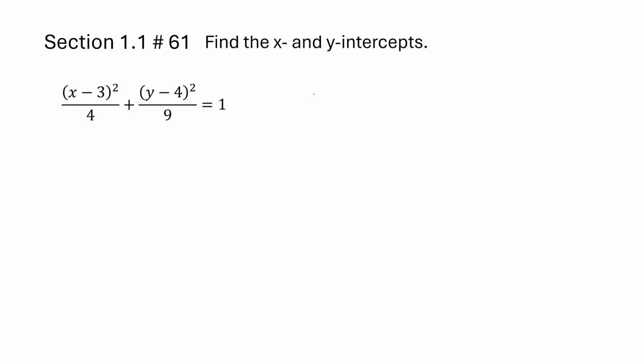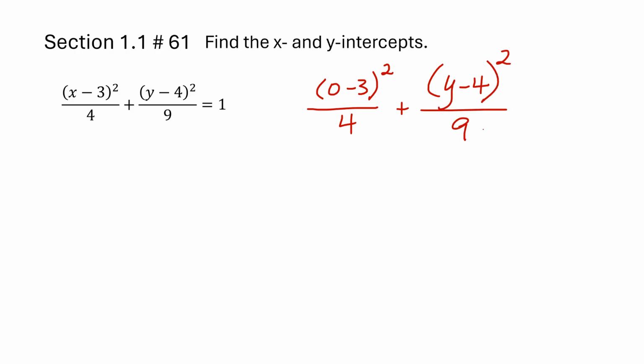If we replace x with 0, we're going to have (0 minus 3) squared over 4 plus (y minus 4) squared over 9 equals 1. On the left side, you've got negative 3 squared, which is going to be 9.